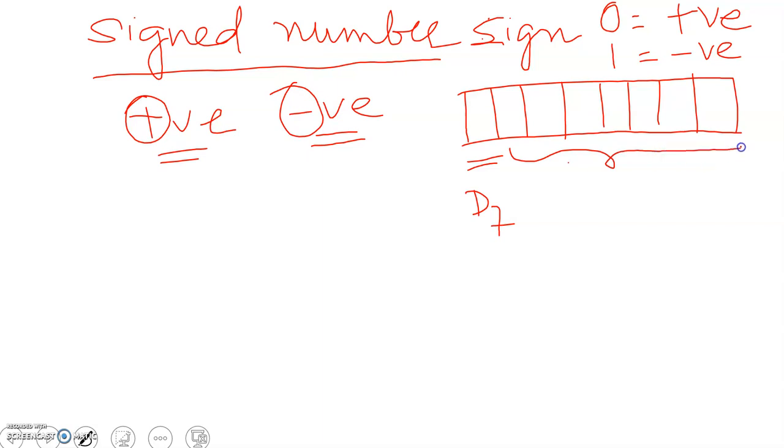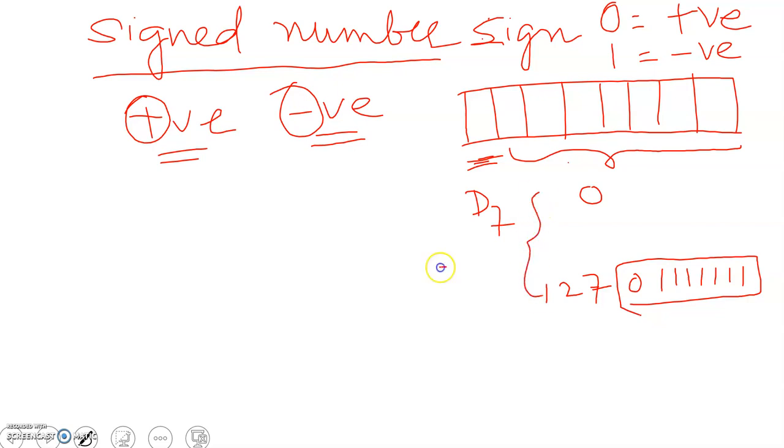So the maximum signed number that can be represented in 8 bits goes from 0, when all are 0, till 127, when D7 is 0 and the remaining seven bits are 1.